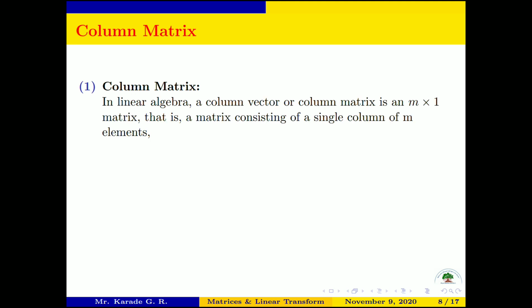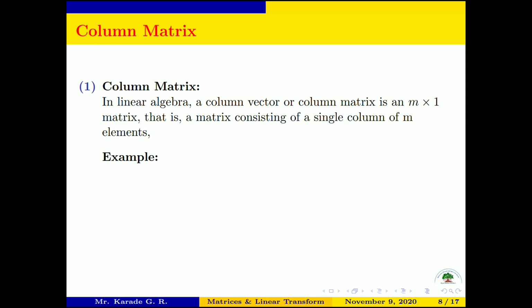Now let us define what is meant by column matrix. In linear algebra, a column vector or column matrix is an m cross 1 or m by 1 matrix, that is a matrix consisting of a single column of m elements.